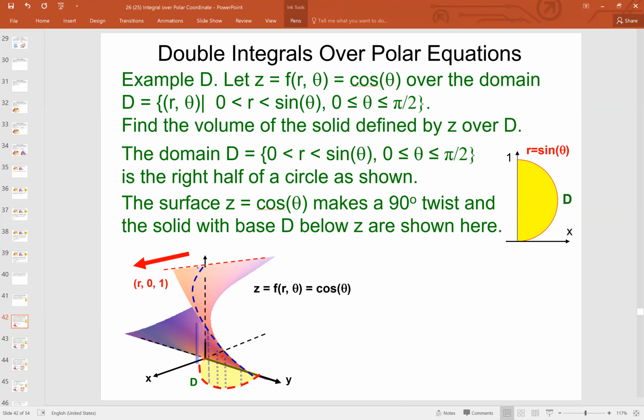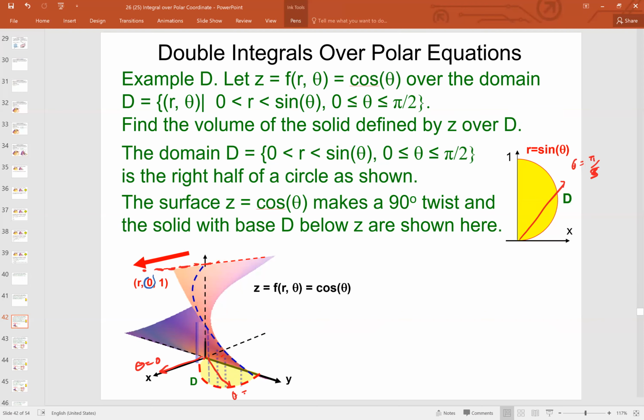So therefore, when theta is equal to 0, I get every point along this line, 1 unit above the x-axis. Now let's say theta equal to pi over 3.